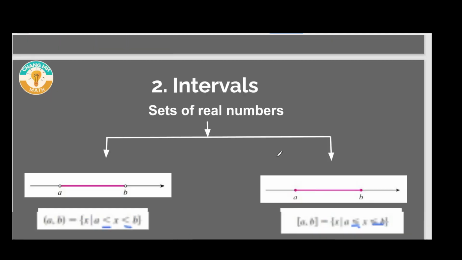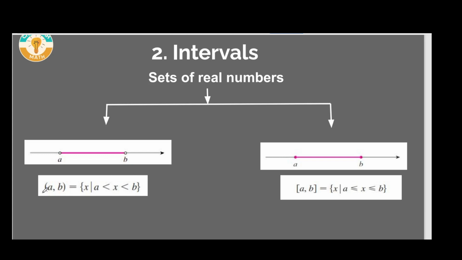Here it is written as a set description. X lies between A and B, and it is less than B because it is on the left side of B, and it is greater than A, which is on the right side of A. So we can also write the set description like this.